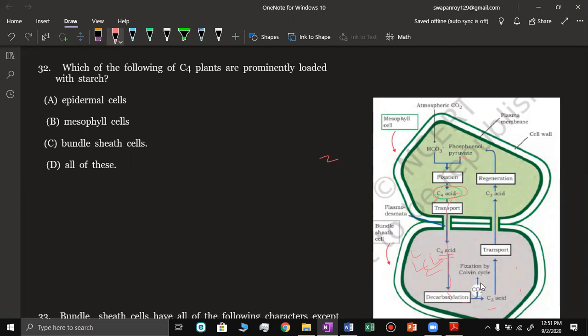This carbon dioxide is absorbed in the C3 Calvin cycle, and then sugar and starch are synthesized. After that, this C3 acid, which is produced after releasing the carbon dioxide, is again transported back to the mesophyll cell, where it is again changed into phosphoenol pyruvate.